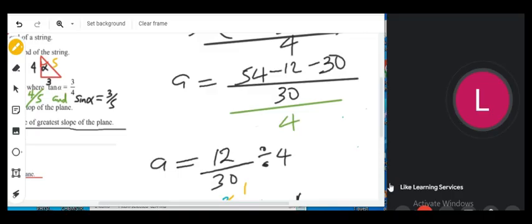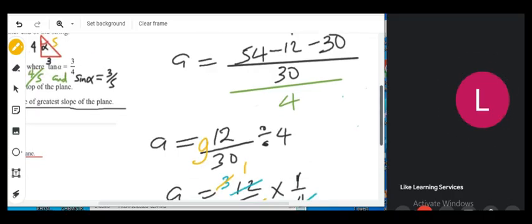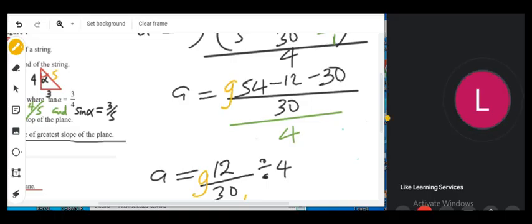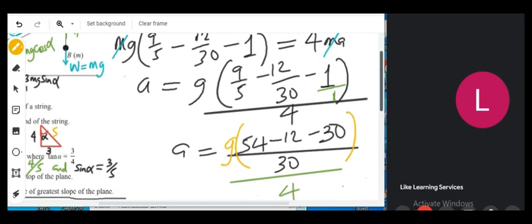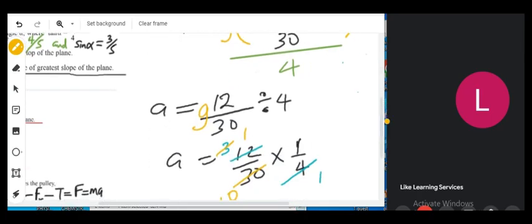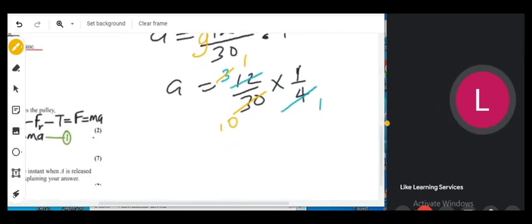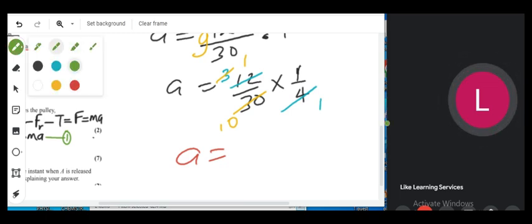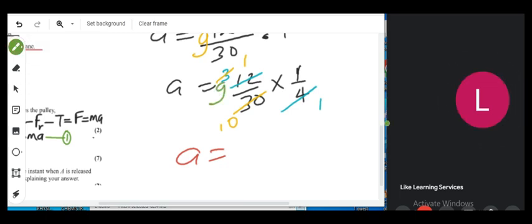Of course, there's still a g here. So the final answer is acceleration equal to g over 10.